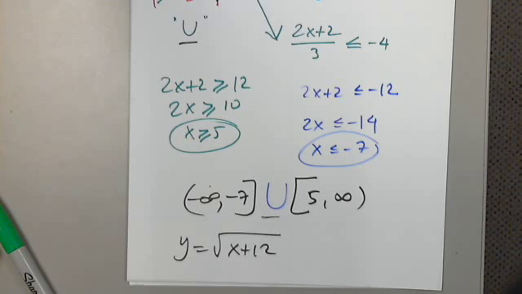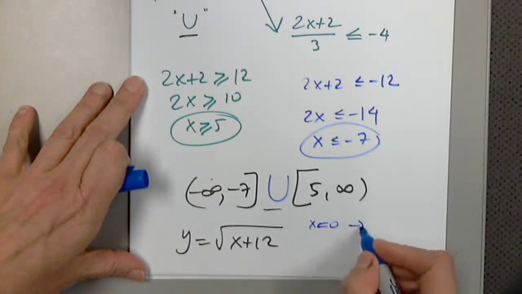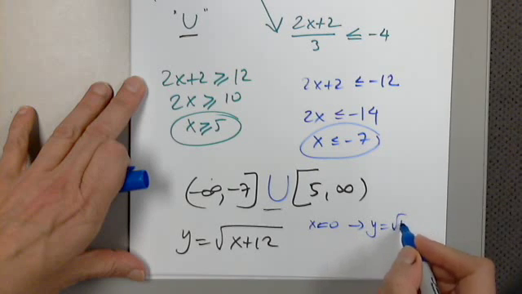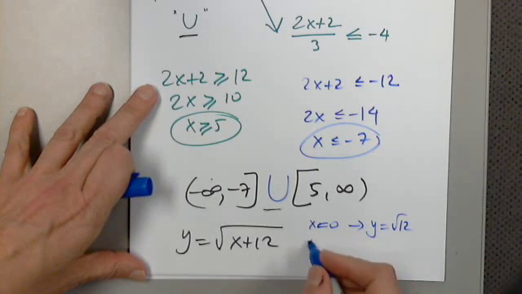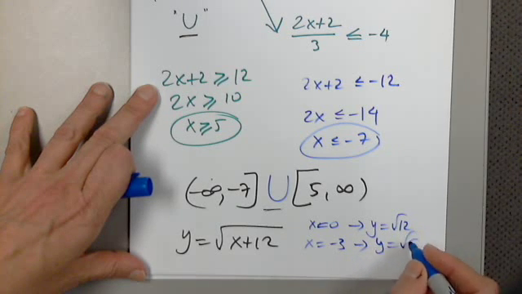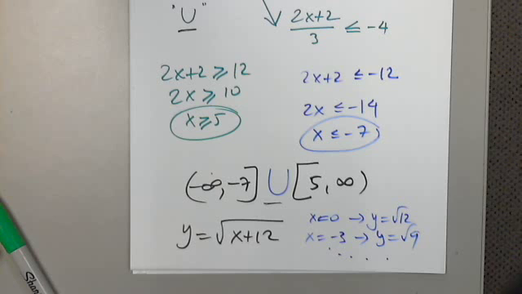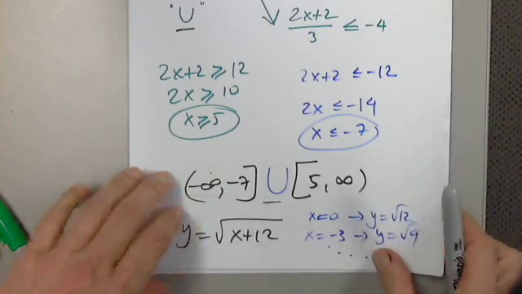Is this a function? Of course. Here's how we write it. Write the answer. We don't have to graph. When x is 0, I get y equals the square root of 12. When x is negative 3, I get y equals the square root of 9. And I can continue forever. In other words, for each x, I find only one y. Therefore, it's a function. I don't find two different y values, right?